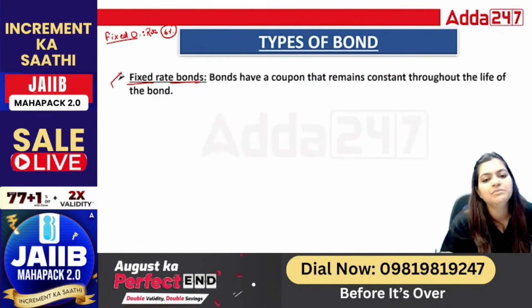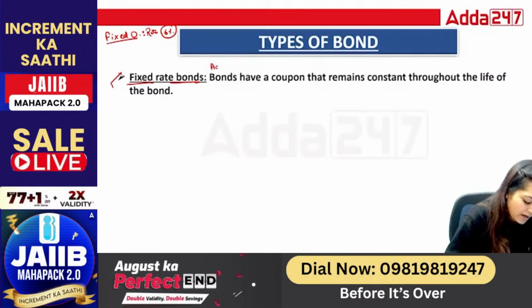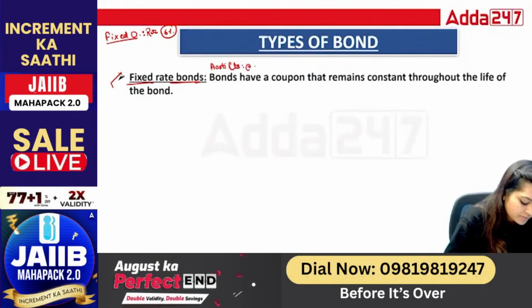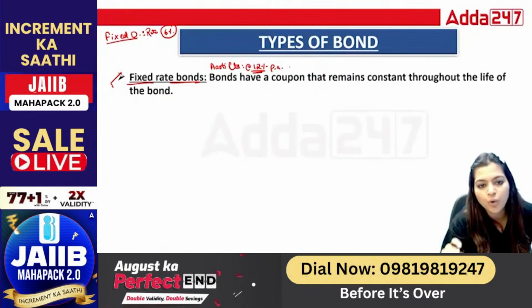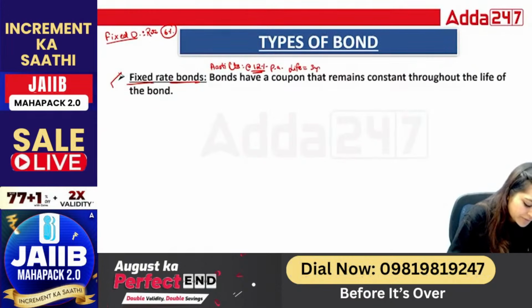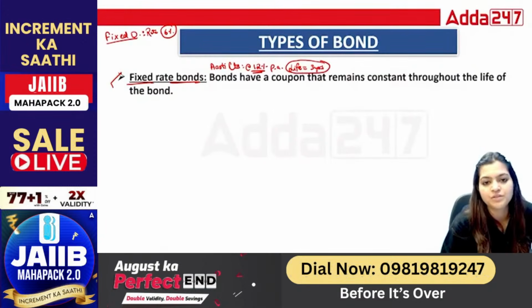Correct? Same thing we are going to apply in these bonds. If the company, Aarti Limited, is saying we are issuing bonds at the rate 12% per annum, that bond will hold 12% per annum till the life of that bond. Suppose we have issued the bonds for life equal to 3 years. So for 3 years, each year 12% Aarti Limited will pay to their bondholders.